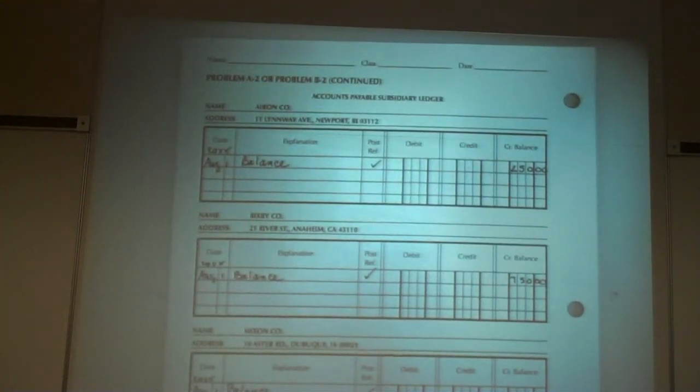But there's another way of keeping up with inventory, and that is the perpetual inventory. The perpetual inventory is discussed in this chapter, and when we buy something using the perpetual inventory, we're going to use the account merchandise inventory to record that purchase.